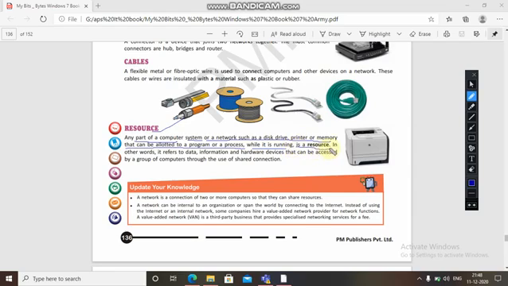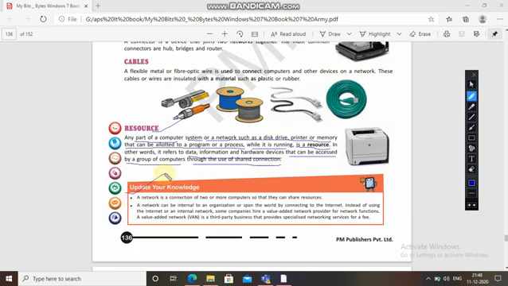So listen, any part of a computer system on a network, just like disk drives, printers, memory, if they are allotted to a program or a process while it is running, then they are called resource. In other words, it refers to the data, information and hardware devices that can be accessed by a group of computers through the use of a shared connection.